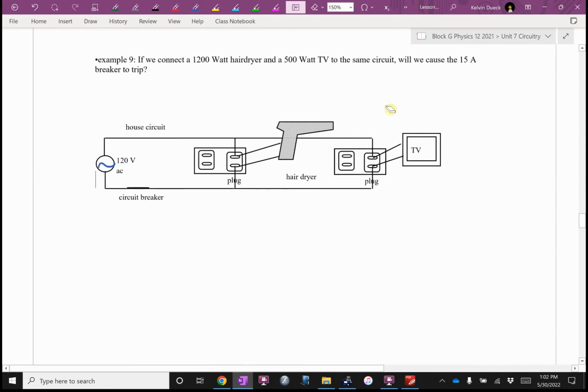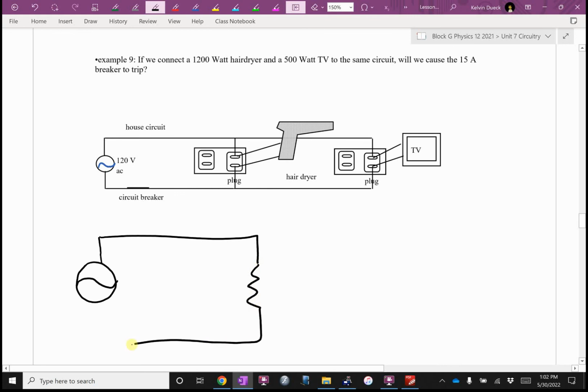Let's do a quick circuit sketch. So we have a voltage source. It's AC this time. But let's pretend the current is going up, just because what I'm teaching you for direct current does work for AC. And then here we have a resistor. And here we have a resistor.